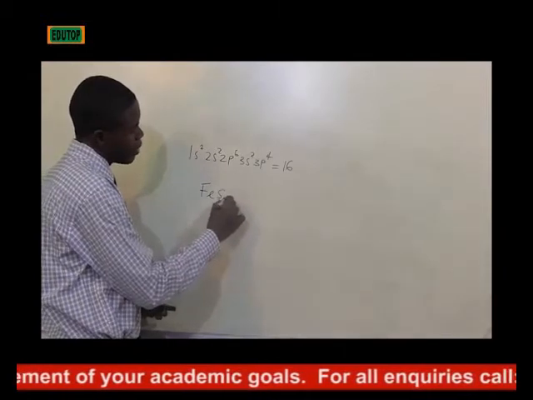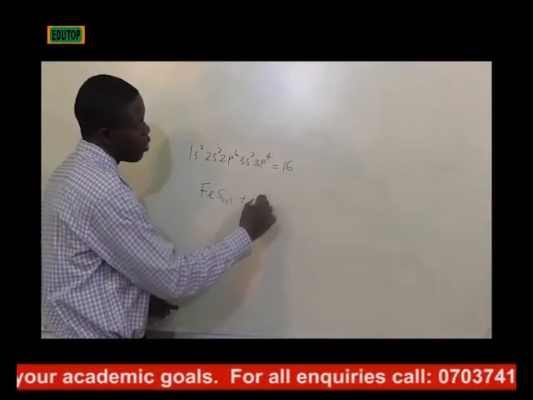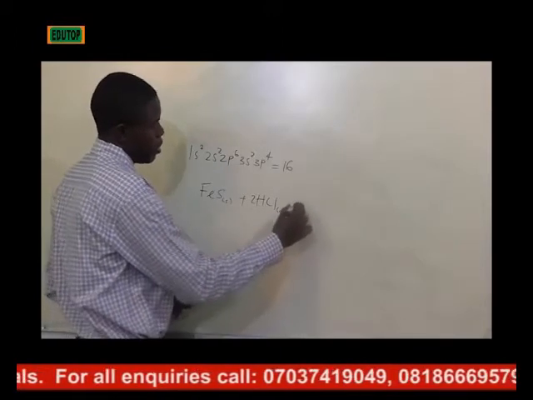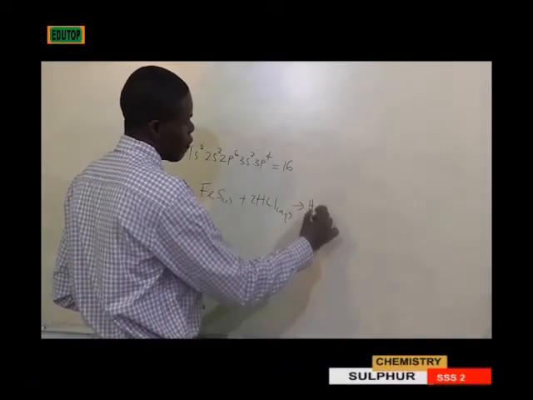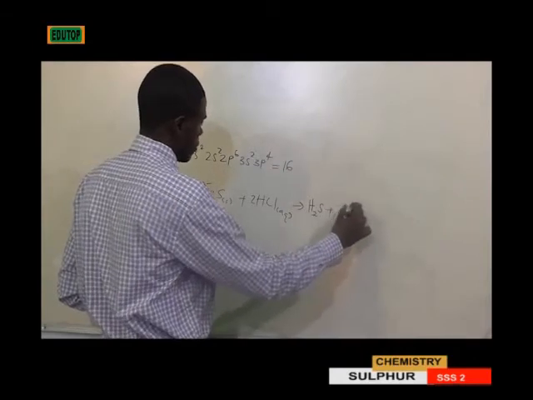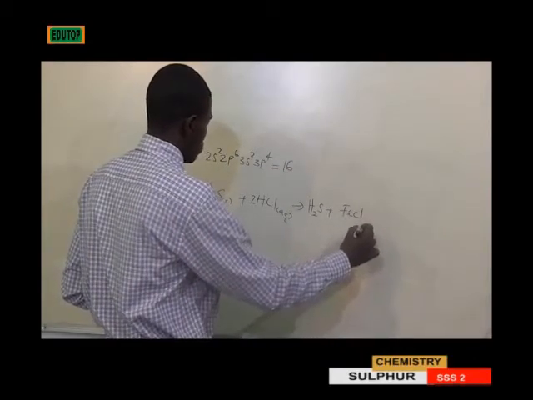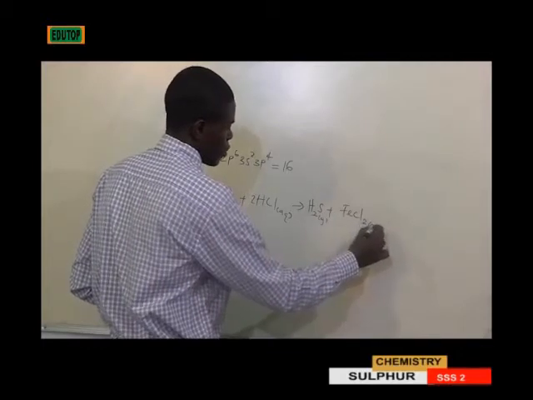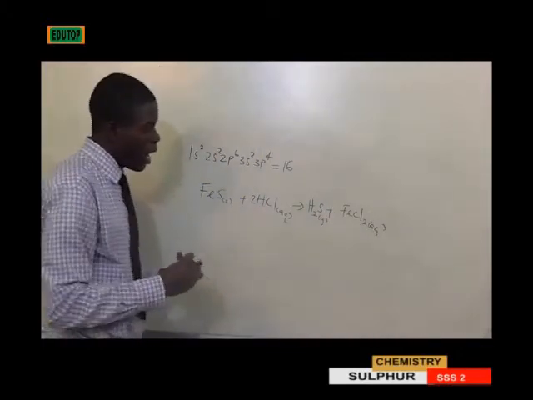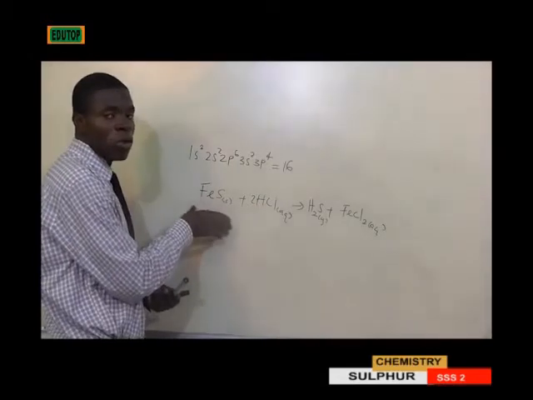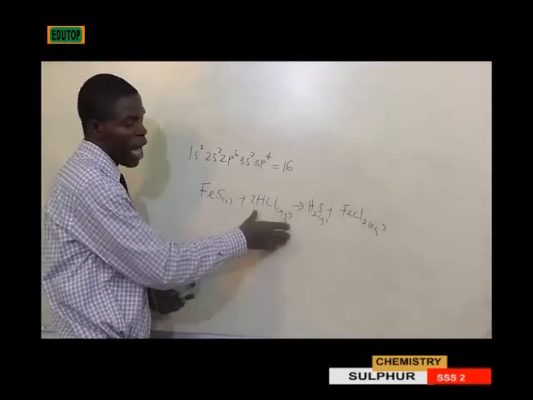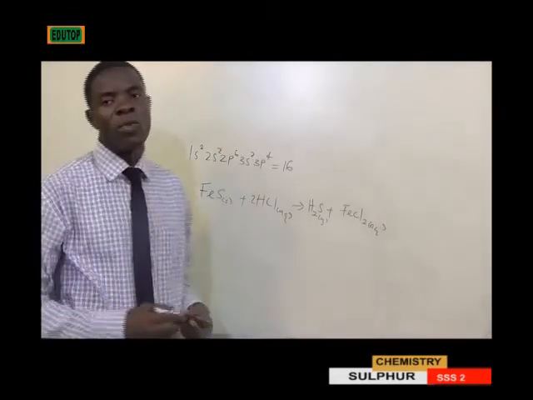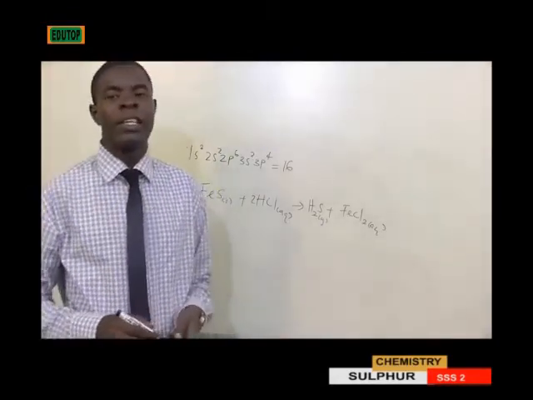Iron sulfide plus hydrochloric acid gives hydrogen sulfide, which is the gas, plus iron 2 chloride aqueous. So here, the reaction of iron 2 sulfide, the metallic sulfide, with hydrochloric acid gives hydrogen sulfide, which is the compound of interest here.